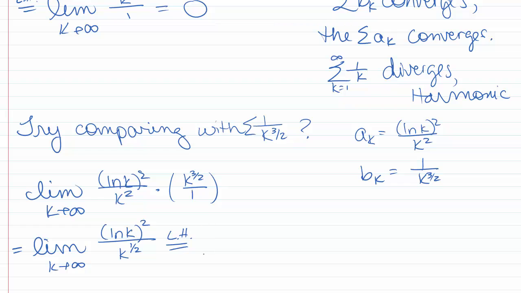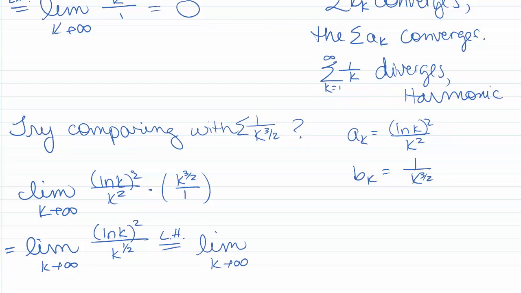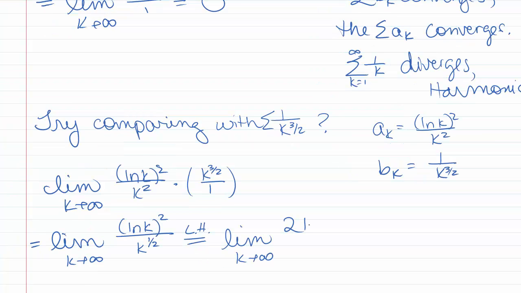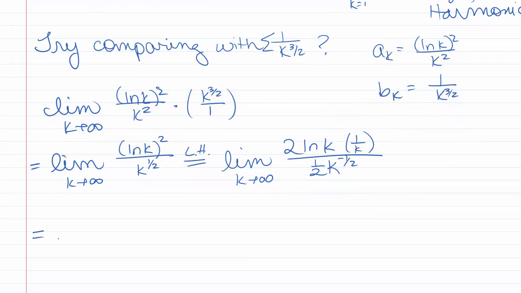And we're going to get that the limit as k goes to infinity of 2 natural log of k times 1 over k from the chain rule divided by 1 half k to the negative 1 half. So what is that? We have a 2 natural log of k on top. We have a k on the bottom.